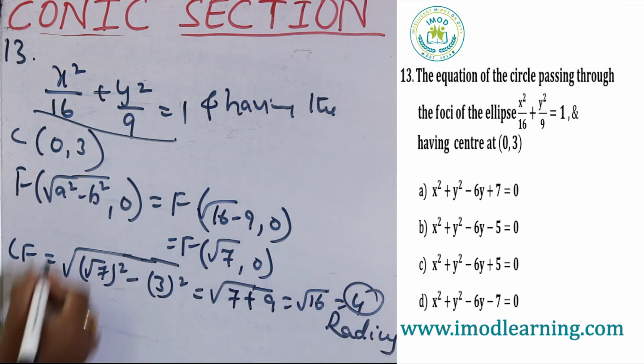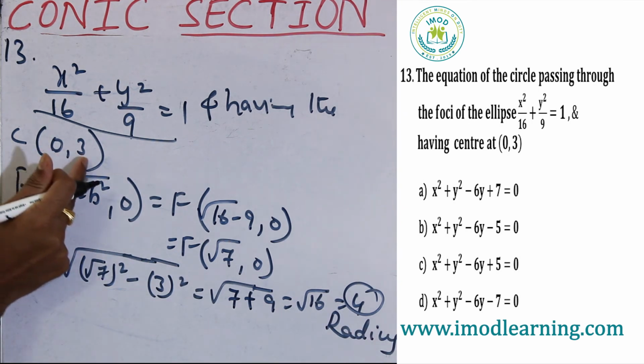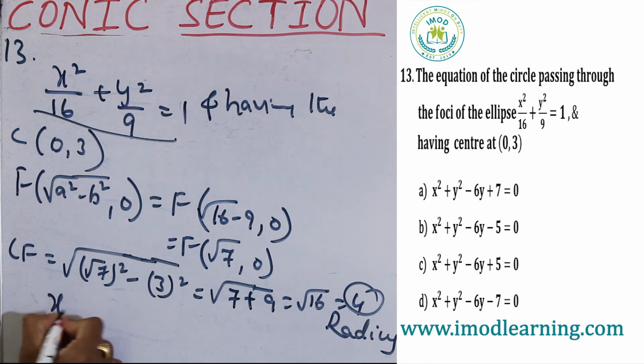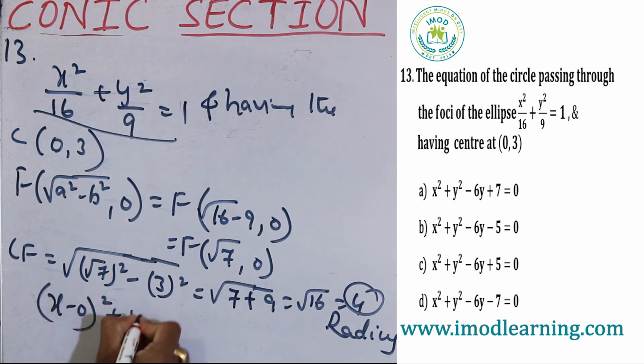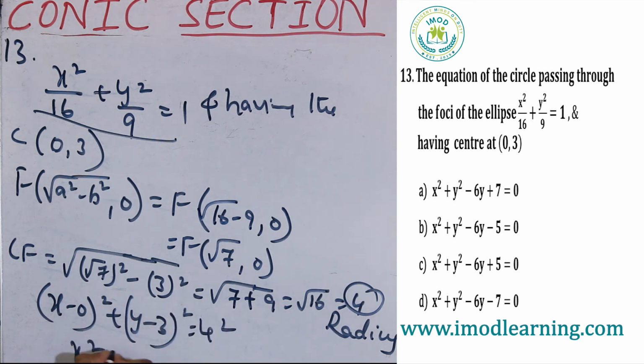The equation of the circle for the center 0, 3 and radius 4 is x minus 0 whole square plus y minus 3 whole square, which is equal to radius 4 square, or x square plus y minus 3 whole square, which is equal to 16.